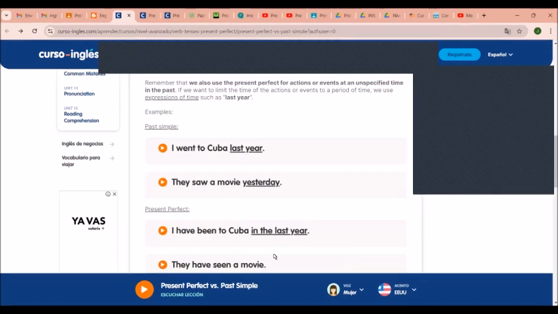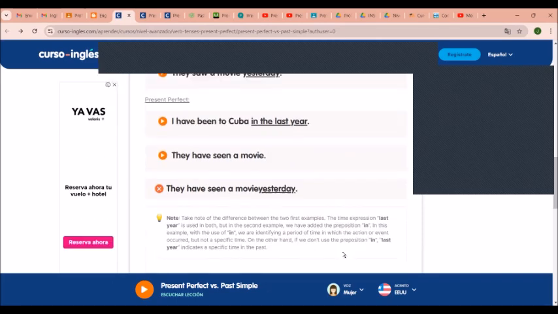Don't tell you when, don't tell you why, don't tell you where. They're giving you the experience. This is because the present perfect is looking to talk about experiences, unfinished actions, or recent important things that influence your present. You cannot use past simple time expressions with present perfect sentences, right?